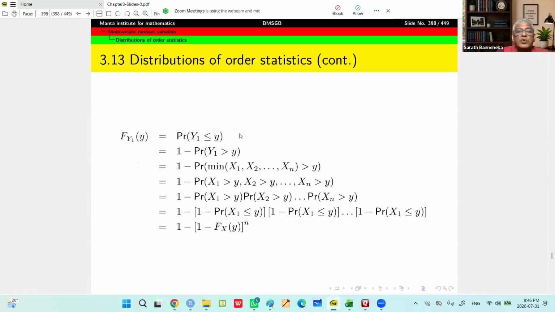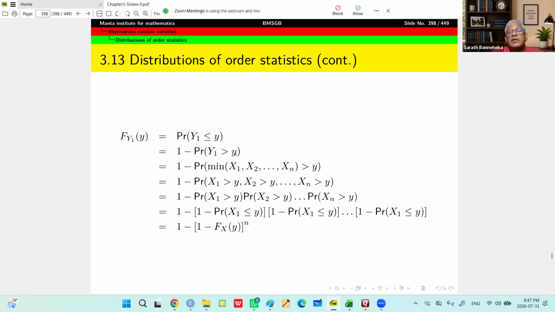It is easy to derive an expression if we write this using the complement. So this is the same as 1 minus the probability that Y1 is greater than y. Right. Now think of the event Y1 greater than y. Y1 is the minimum of the sample.